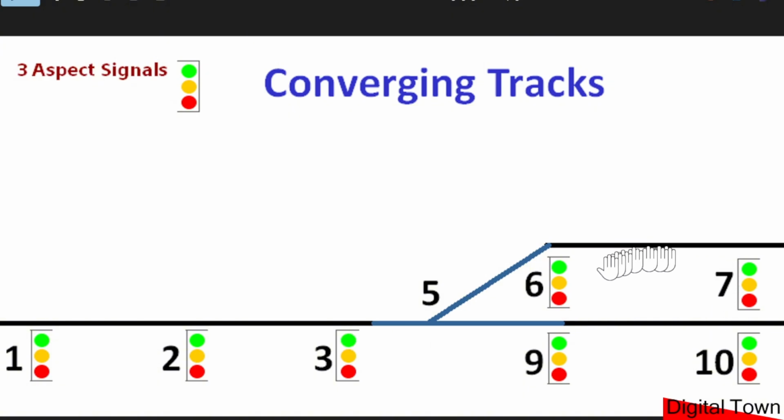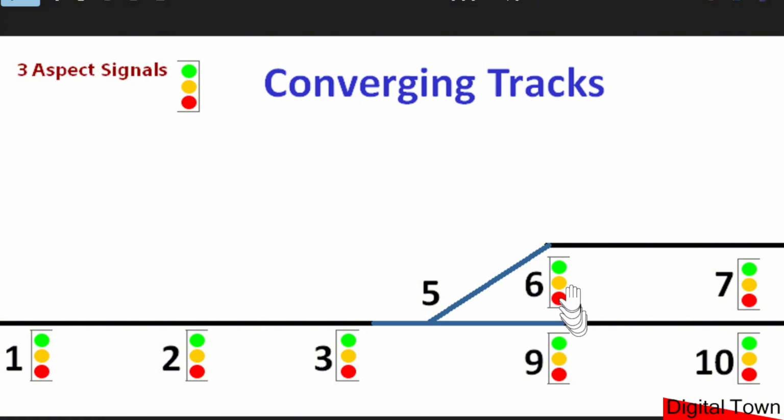Now, the issue, of course, with converging tracks, if we look at this diagram, we have the turnout, or the point, that I've given an ID of 5. I have signal 3, signal 6, and signal 9. Now, the way block signaling works, if this signal was red, this next signal would probably be yellow, and then signal 3 would be green.